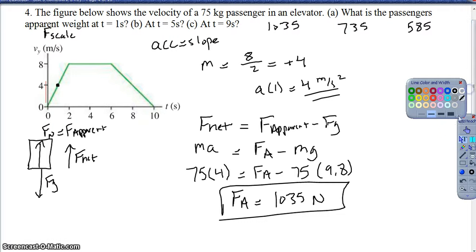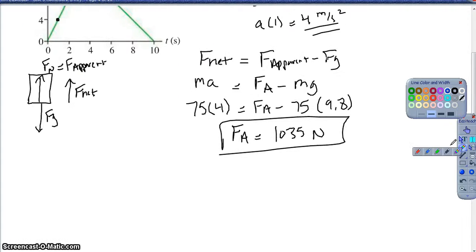So for part B, part B is actually the nice part here, because if we look at the graph, at 5 seconds, the slope is 0. And so what that tells me is that at 5 seconds, the net acceleration, and therefore the net force, are both 0 as well.